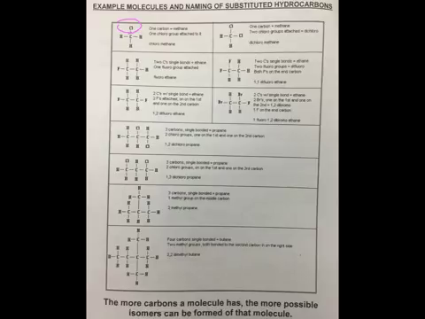So this is actually chloromethane. In the one to the right, I actually put 2 Cl's on it. So I have 2 Cl's, so we use the prefix di for 2. So this is dichloromethane.